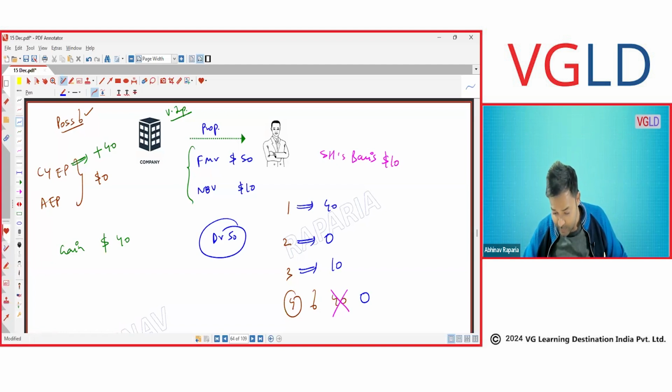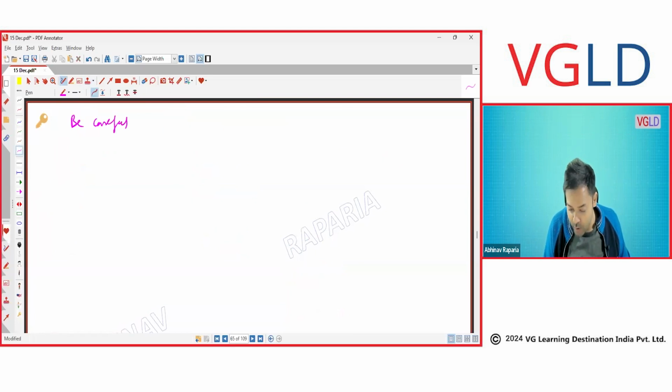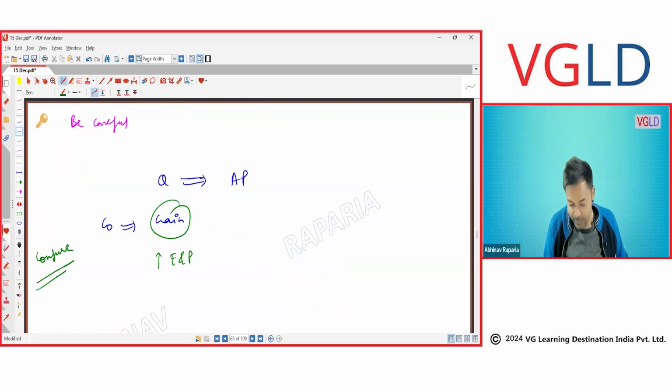Whenever the question is about appreciated property, the company is going to book the gain, and with that gain you will increase your earnings and profit. Be careful about this. This is where they can confuse you a lot in the MCQs. They'll play around here.